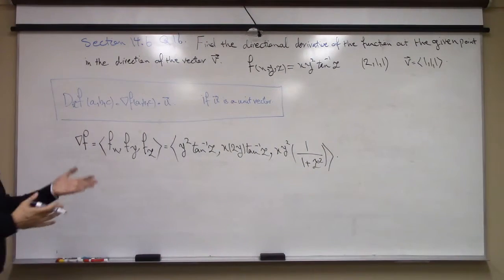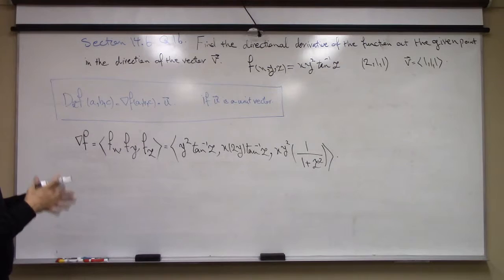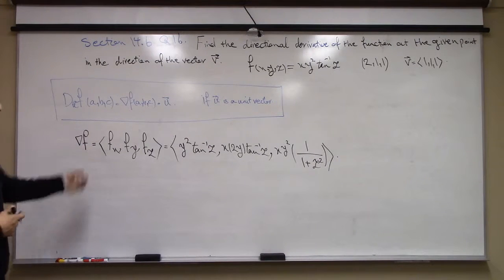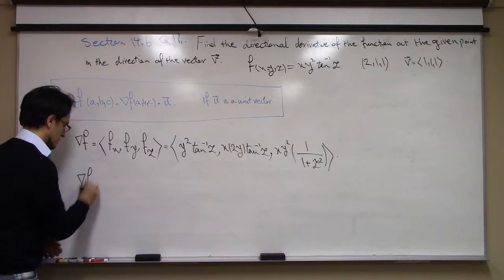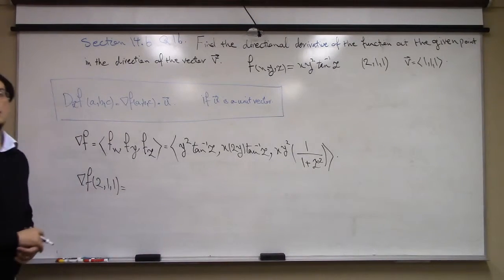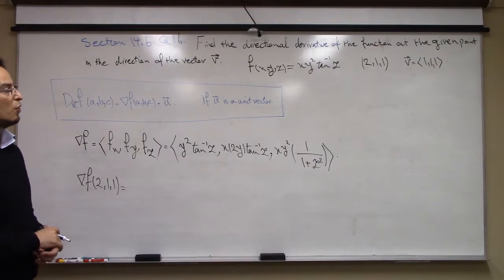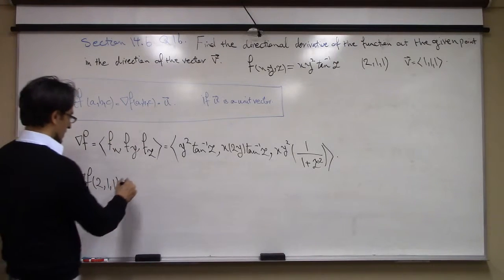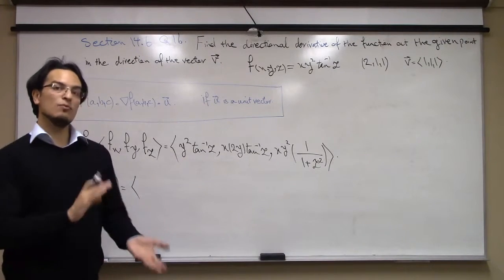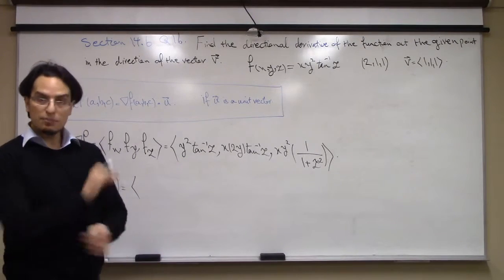So now we have all 3 components, and we have the general formula for the gradient of f. Time to plug in the components of the point 2, 1, 1. Tan inverse of 1 is pi over 4.